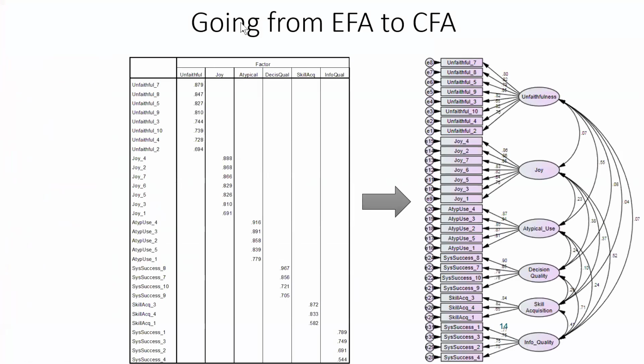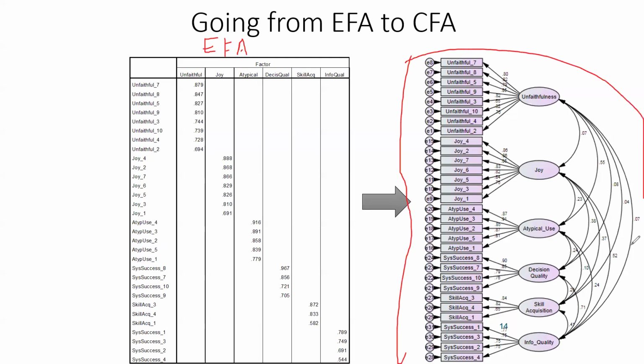So confirmatory factor analysis is basically the same thing. This is EFA on the left side, exploratory factor analysis, and the same model we built in the confirmatory factor analysis using AMOS. This works a little differently than the previous one.